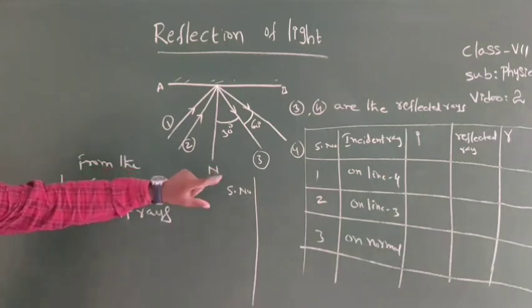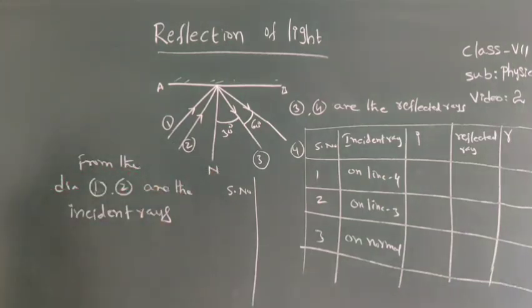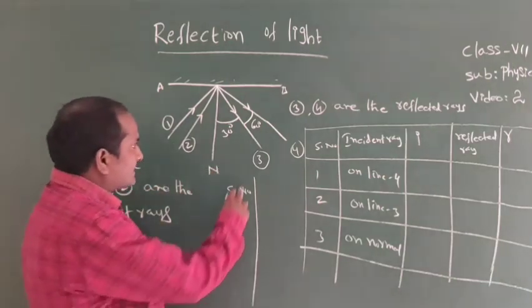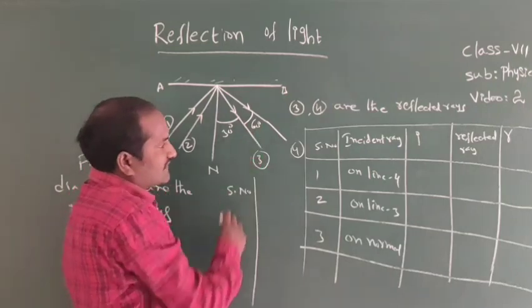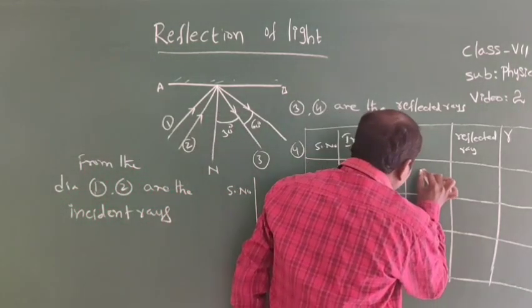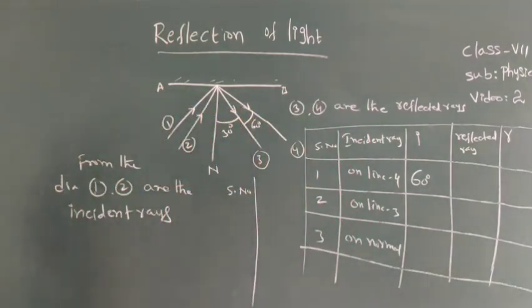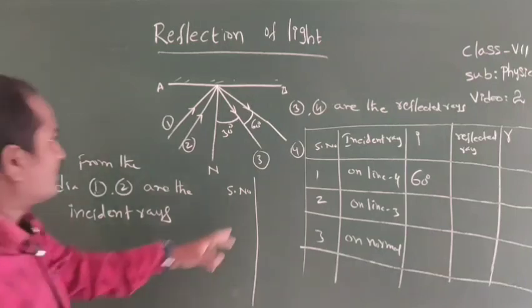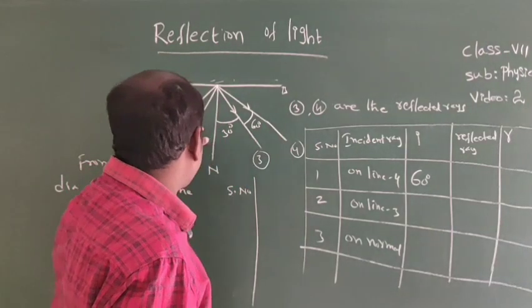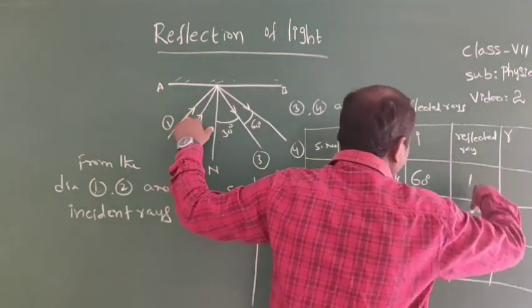For line 4, what is the angle of incidence? Here the angle of reflection is given, that is 60 degrees. Therefore, the angle of incidence is also 60 degrees. For example, if 4 is the incident ray, the reflected ray is 1.